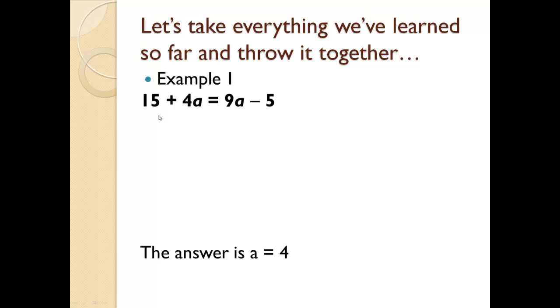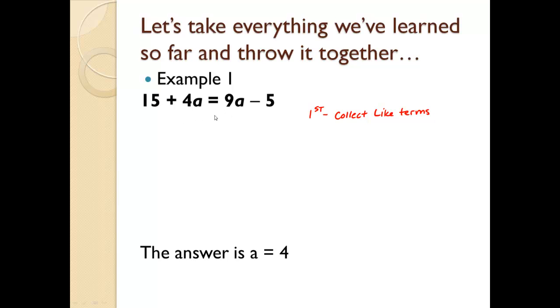So, in this example, we've got 15 plus 4a equals 9a minus 5. So remember, the first thing you want to do is collect like terms on either side. Okay, so to do that, remember you move variables over to one side and your numbers over to the other side.